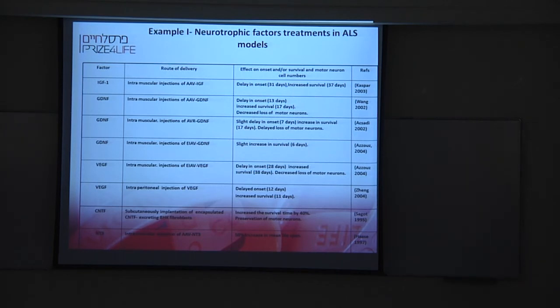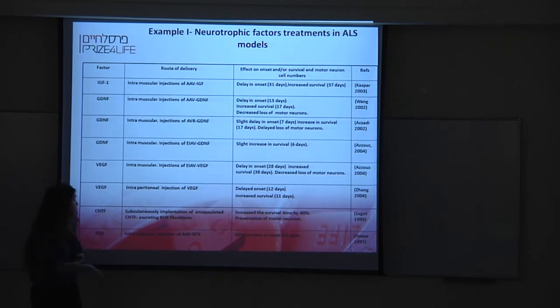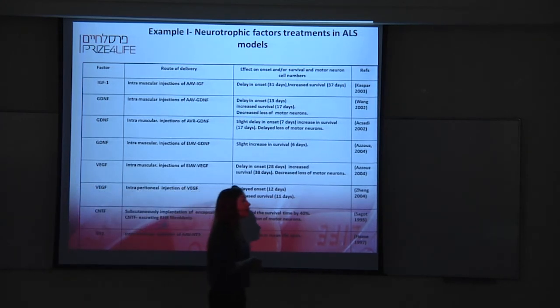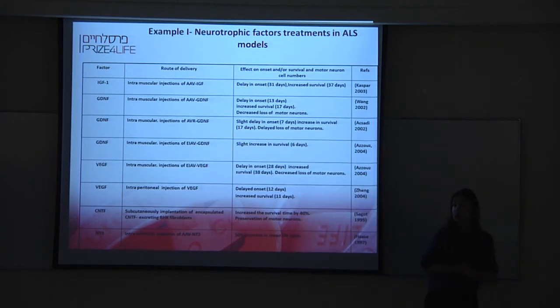Another thing is, how would that even get to the humans? So in this case, you see mostly injection to the muscles. In some cases you see here injection to the stomach, or injection subcutaneously, so under the skin. The muscles in humans are slightly larger than the muscles in mice.